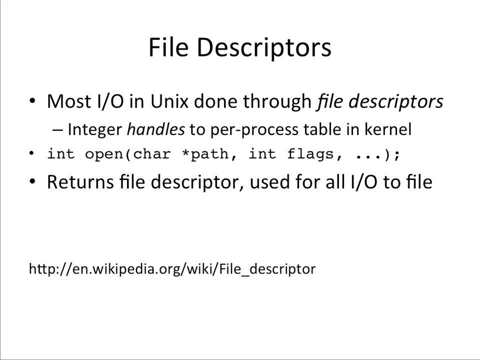So most input-output operation in Unix is done through file descriptors. For example, we've all done printf hello world. That's what we did earlier, right? What's that F in printf? It's format, right? We want to format that output. And you've done fprintf.